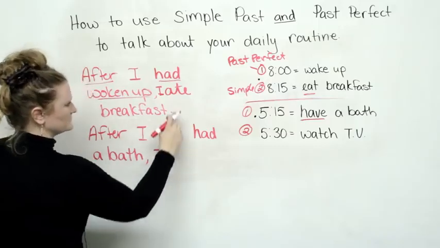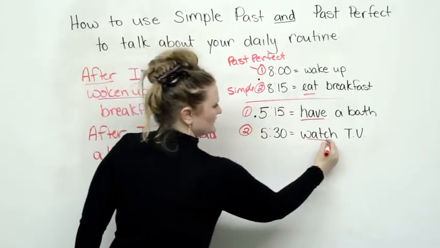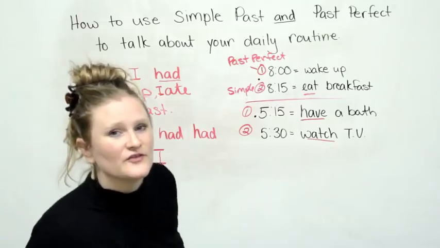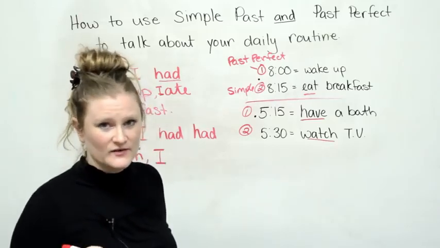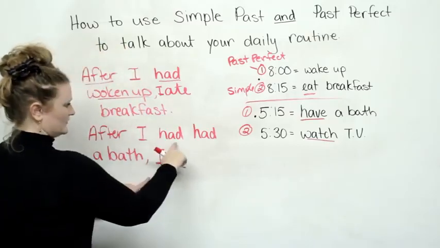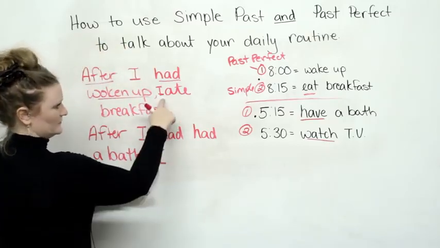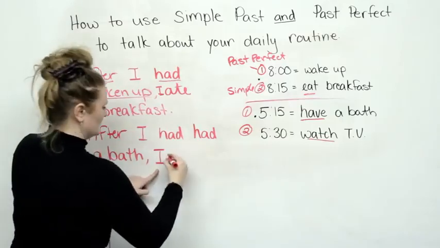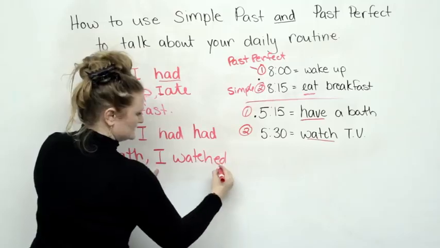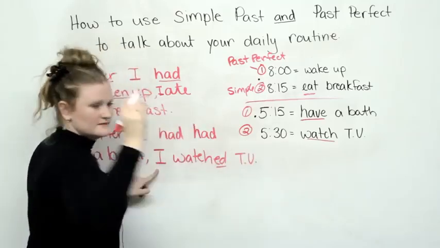So I. The simple past tense of watch is watched. It is a t sound at the end, but we spell it with an ed. So after I had a bath, I, don't forget your subject like I did, watched TV.